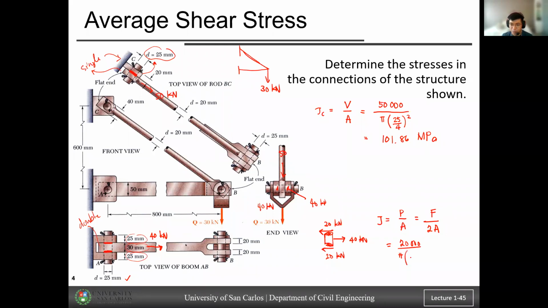So pi d squared over 4, so 25 over 4 squared. Or again, if you want to utilize the full force, that would be 40,000 all over 2 times pi 25 over 4 squared. And this will be your shear stress at A.